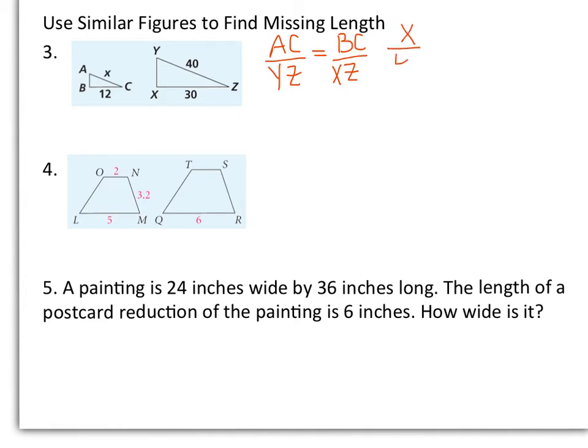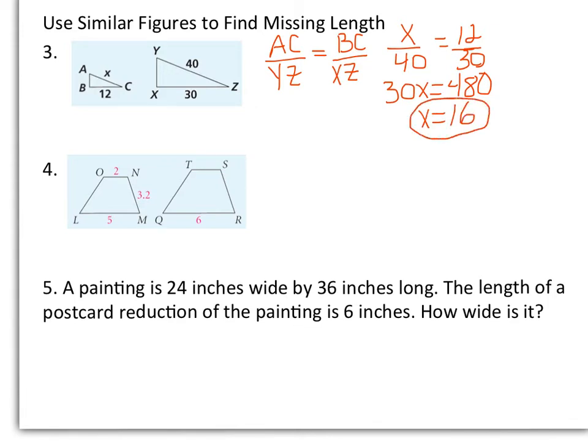X is to 40 as 12 is to 30. And then we take our cross product. 30x equals 480. Divide by 30, we get x equals 16. So the length of AC is 16.